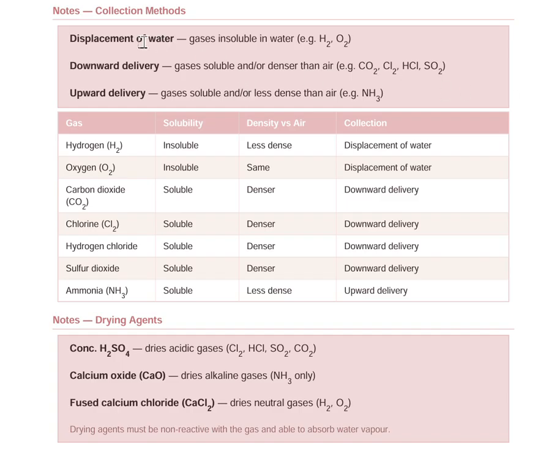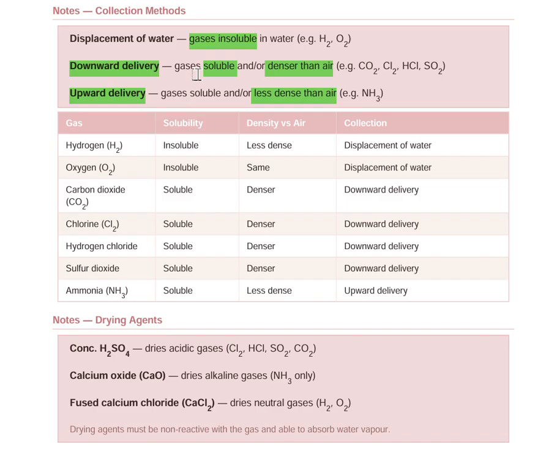Displacement of water is for insoluble gases. Downward delivery is for soluble gases that are denser than air. Upward delivery is for gases that are soluble and less dense than air.